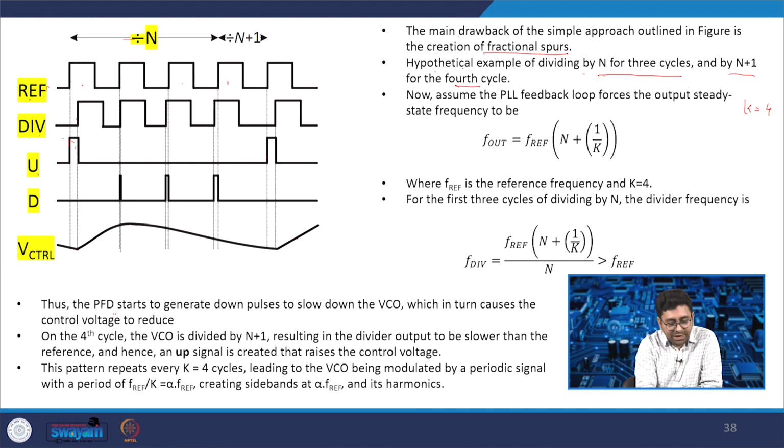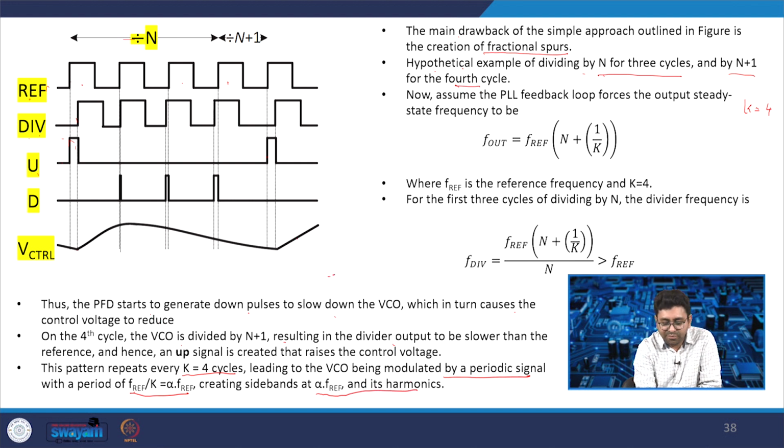The PFD starts to generate a down pulse to slow down the VCO, which in turn causes the control voltage to reduce. On the 4th cycle, the VCO output is divided by N plus 1, resulting in the divider output being slower than the reference, and hence an up signal is created that raises the control voltage. This pattern repeats every K equals 4 cycles, leading to the VCO being modulated by a periodic signal with a period of f_ref by K, or alpha f_ref, which creates a sideband at alpha f_ref and its harmonics.